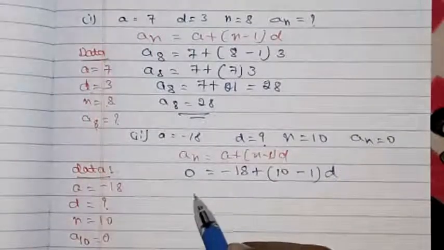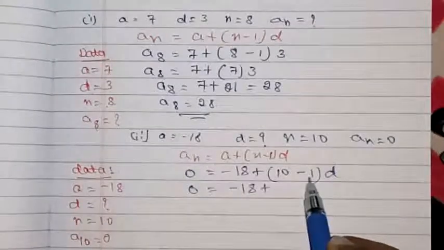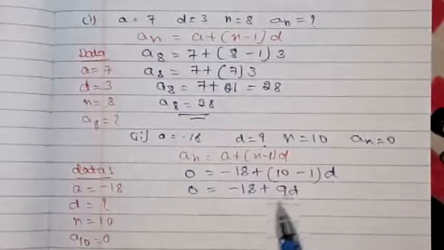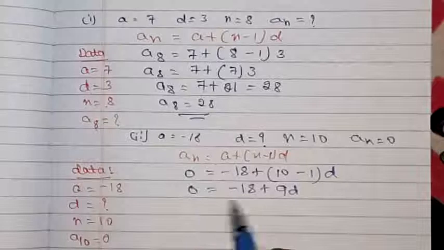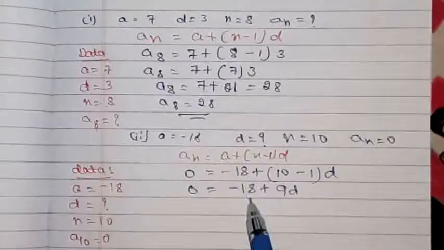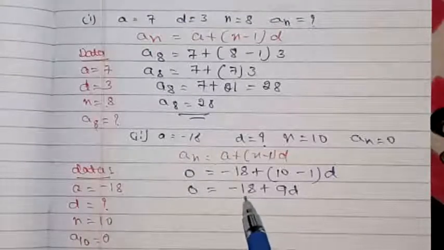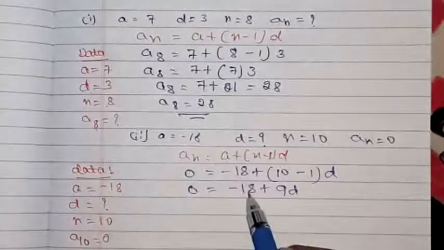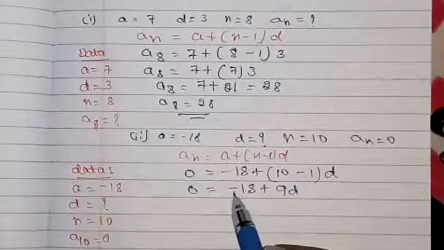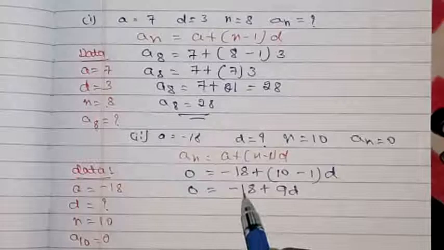Keep the 0 as it is, minus 18 as it is, plus 10 minus 1 is nothing but 9, into D, that is 9D. Now 0 equals minus 18 plus 9D. Now we need the value of D, right? So just send the minus 18 to the left hand side, and it will become plus. So 0 plus 18 is plus 18.